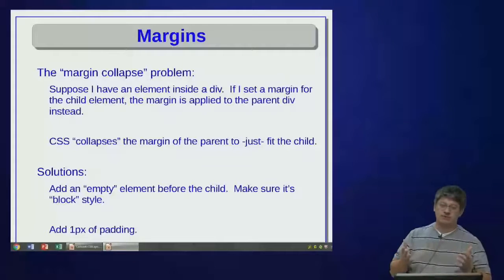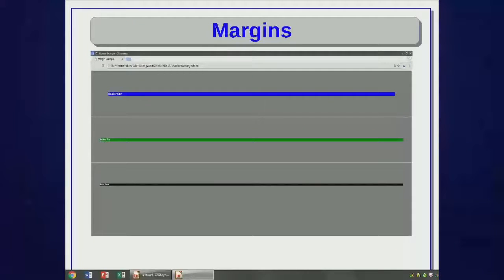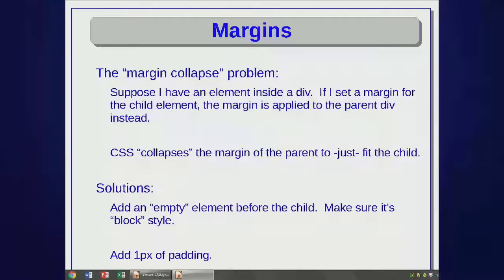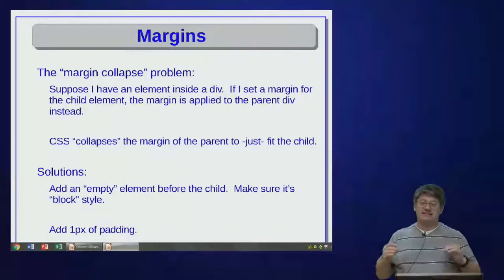So there's a couple different ways to fix this. The way I fixed it here, if you look very closely, you'll notice that there's tiny white lines between the boxes. And the reason for that is that I put a horizontal rule tag in. So one solution to this problem is to add an additional element inside the parent div so that it isn't allowed to steal your margin.